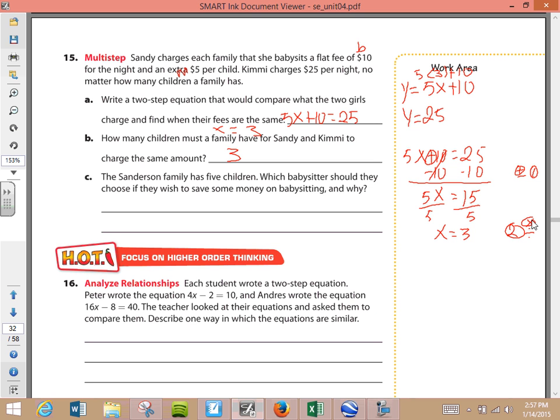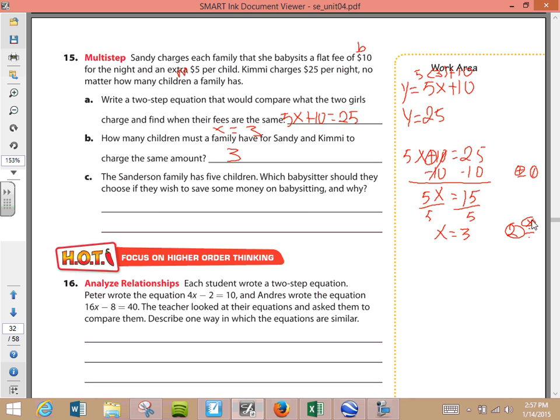The Sanderson family has 5 children. Which babysitter should they choose if they wish to save some money on babysitting and why? They don't know.